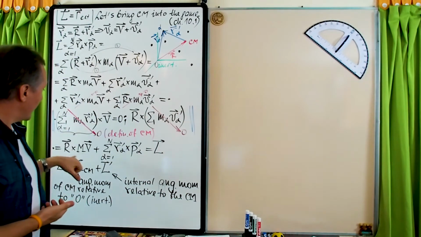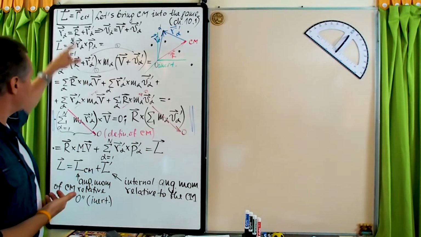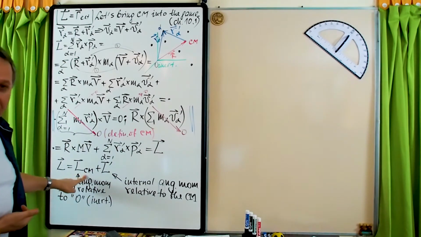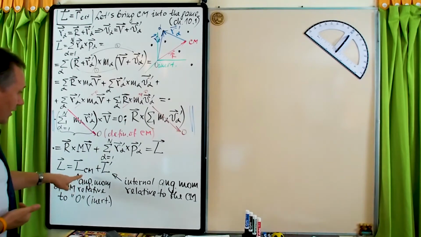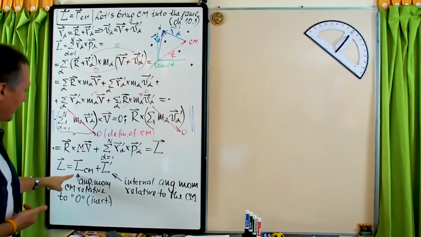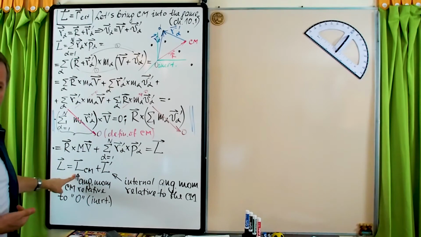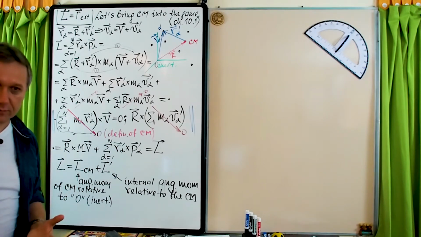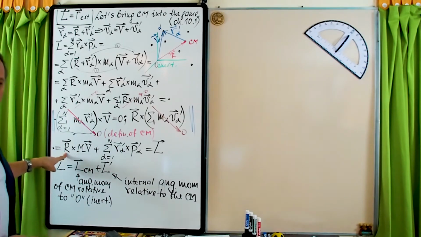But now, once we split the total angular momentum into these two terms, only this guy, only the angular momentum of the center of mass can be changed. If you start moving this origin, this L sub CM will change its value, right? Because through this R capital.